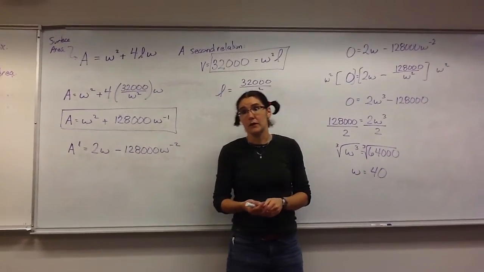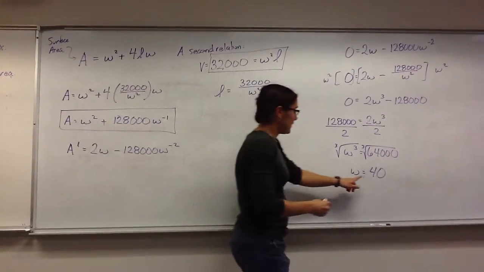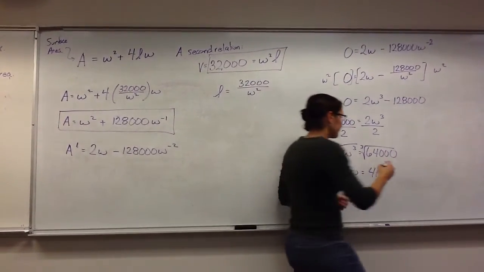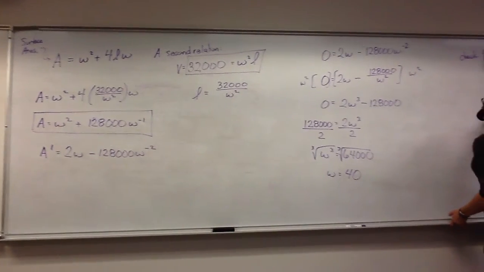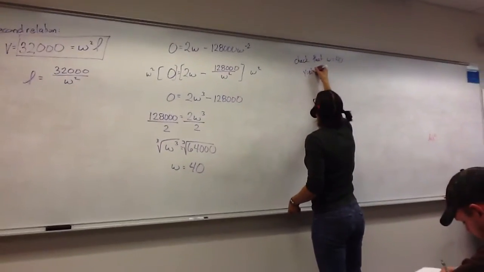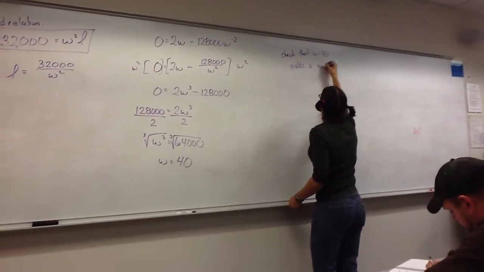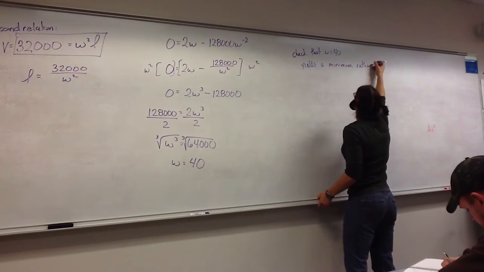to 0. So one thing we need to do is to make sure that this value of W, check that W equals 40 yields a minimum rather than a maximum.